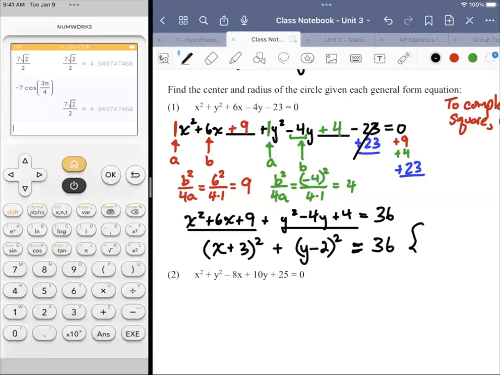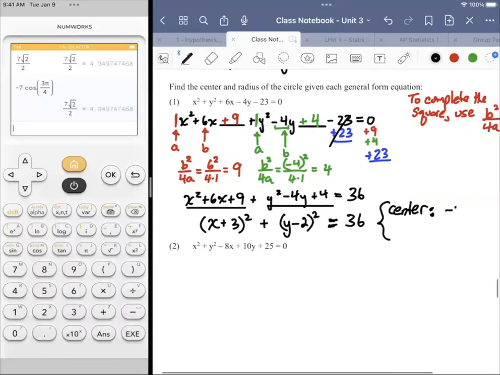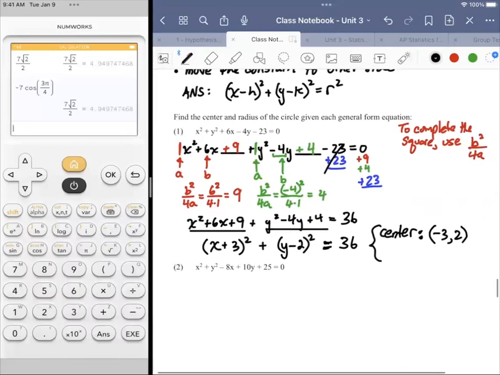So from this, we can say that the center, which is h, k, is going to be negative 3, positive 2. And that's because the minus is already built into the equation. If h was substituted in, and let's say I only substituted a 3, it would become x minus 3.